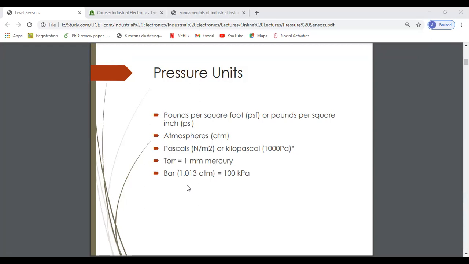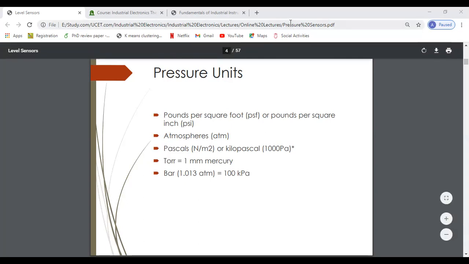And before the units of pressure were introduced internationally, most of the units we used to measure pressure were in bars, which is equal to 1.03 atmosphere and equal to 100 kilopascals.